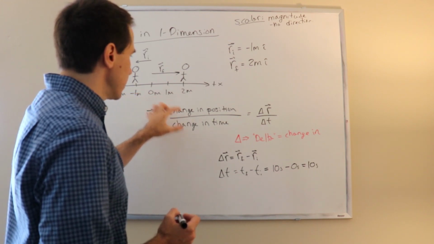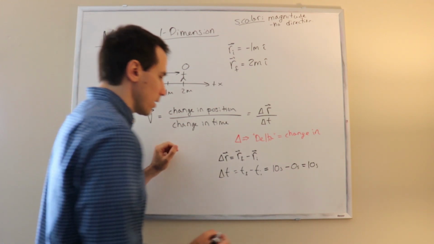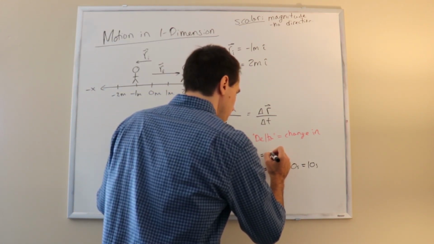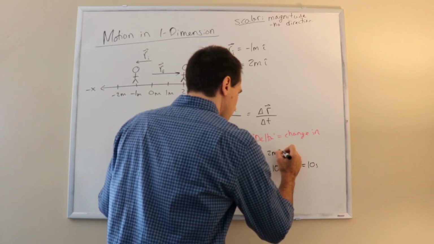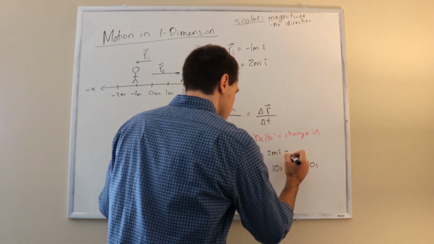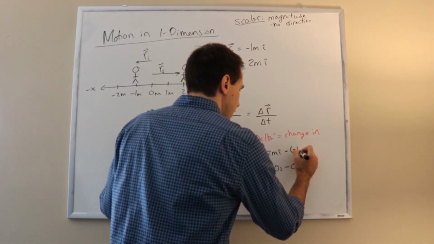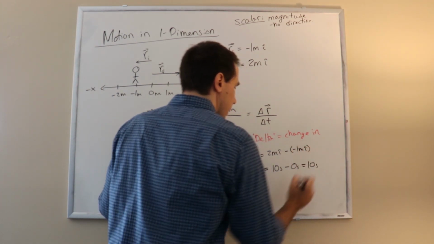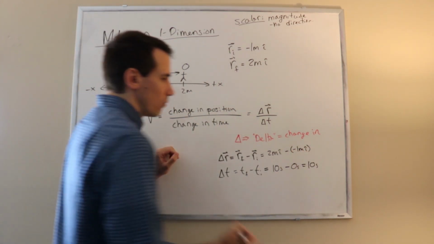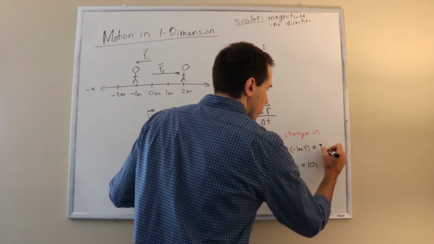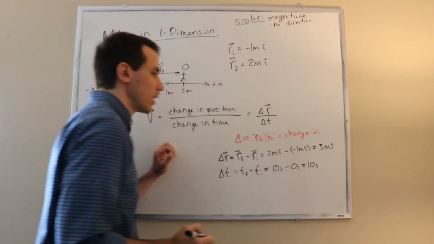And my delta r is going to be 2 meters I hat minus -1 meter I hat, which is 3 meters I hat.